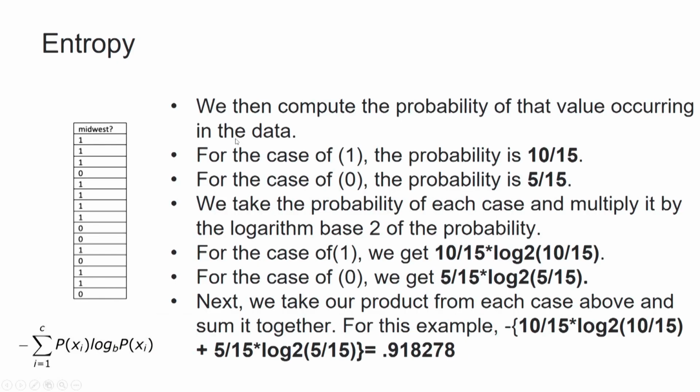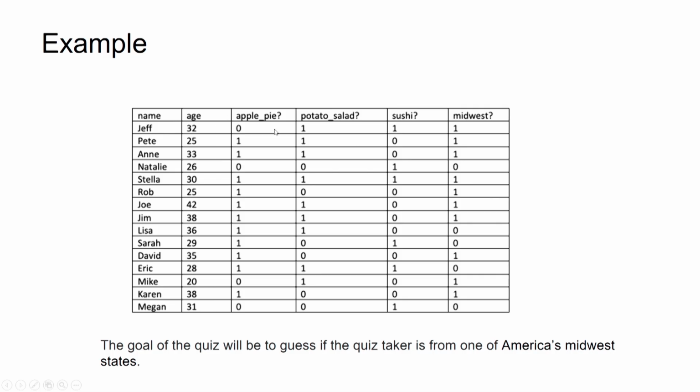How will we do this? This is the whole data set, and if we are building a decision tree, we need to find out which attribute to use.